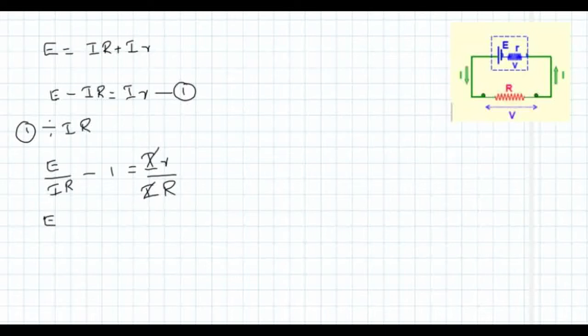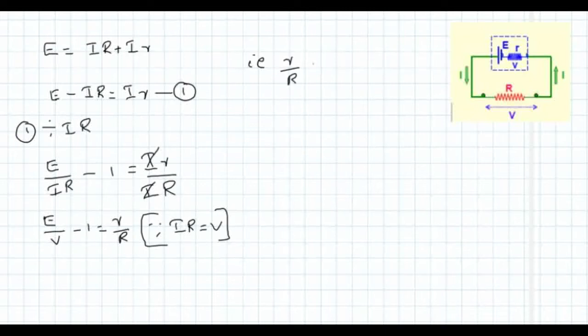Therefore now we can write E by V, because IR is equal to V from Ohm's law. V is equal to IR. Therefore E by V minus 1 is equal to r by R. Now from this equation we can find the internal resistance small r.